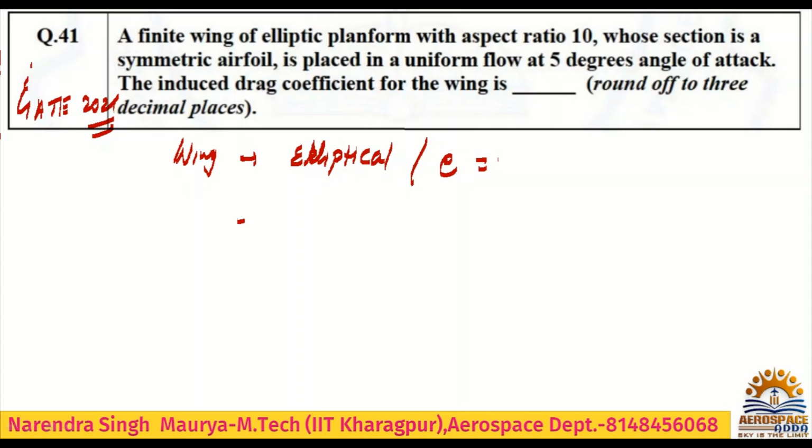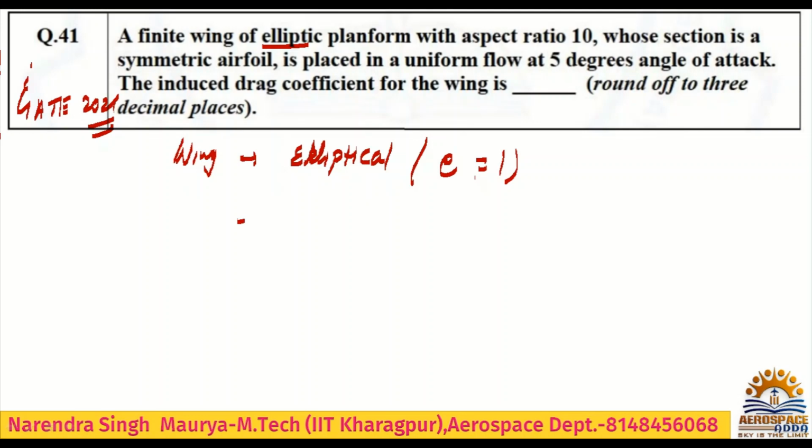For an elliptical wing, Ostwald efficiency will be 1. That's the reason they have given this statement. They mentioned elliptical plan form so that you can understand the Ostwald efficiency factor e will be 1. For a rectangular wing, delta wing, or swept-back wing, that value will be less than 1. But for an elliptical wing, e is equal to 1.